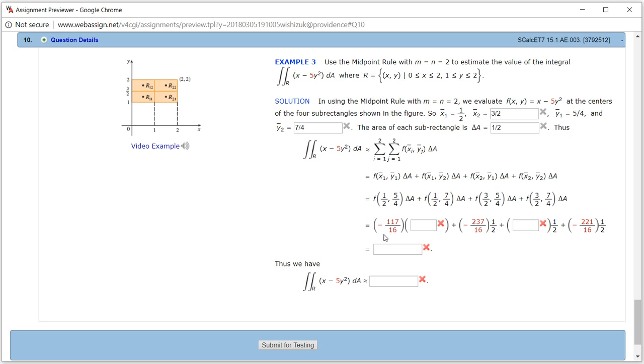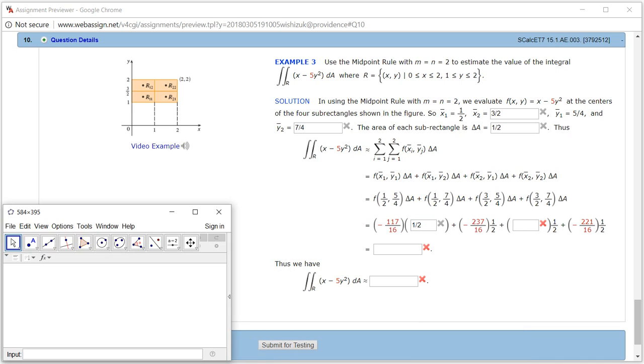So this value corresponds to that, and this value corresponds to delta A, so it's 1/2. We already know that. Here we know f of 3/2, 5/4 goes in there. I'm going to be a little bit lazy here and bring out GeoGebra.